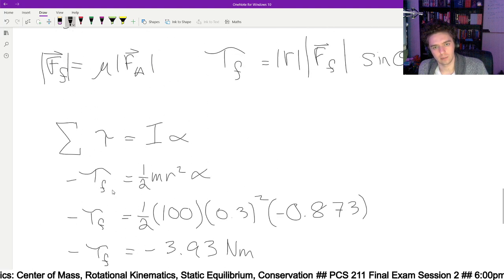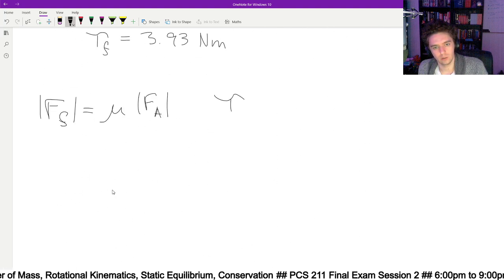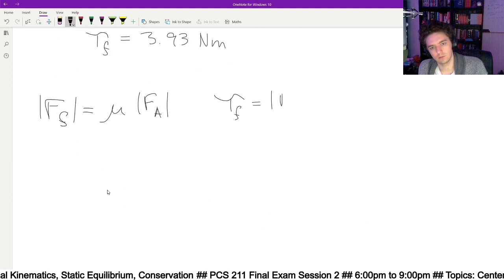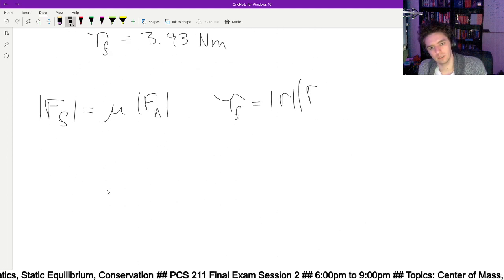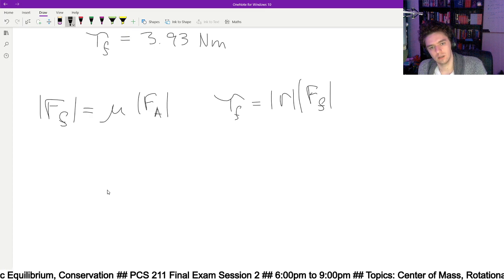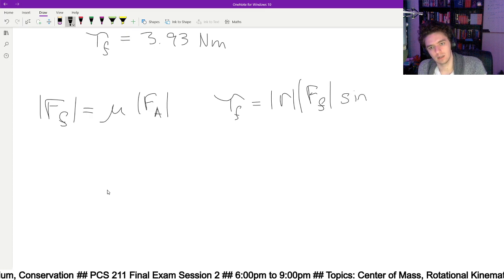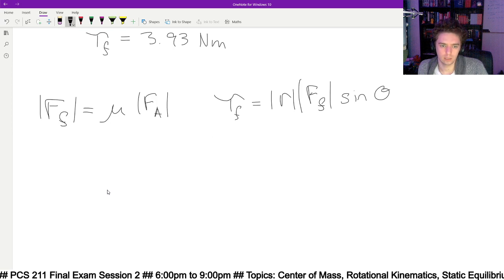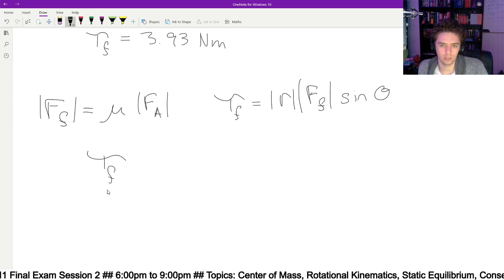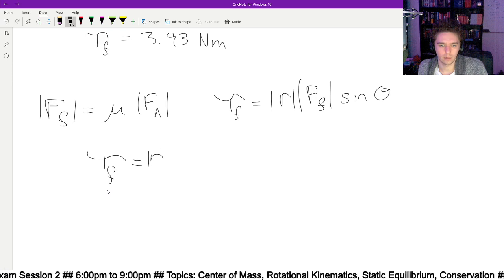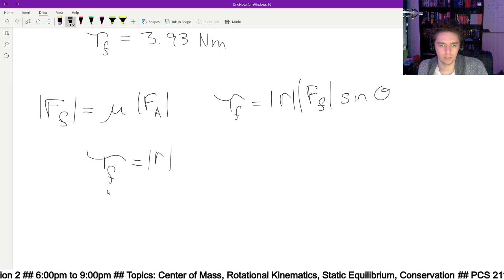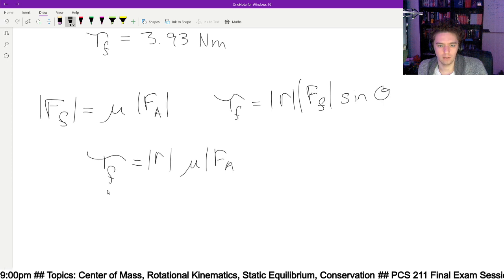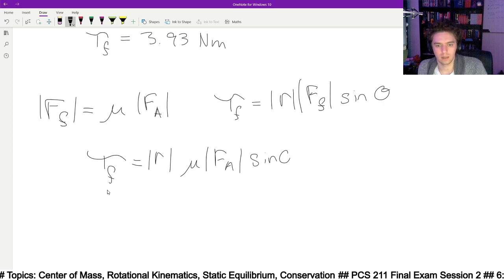And then our second equation is the torque from friction is equal to the distance from the axle times the force of friction times sine of theta. So I will plug that into there. So it's going to be the torque from friction is equal to the distance from the axle times mu times the magnitude of Fa times sine theta.